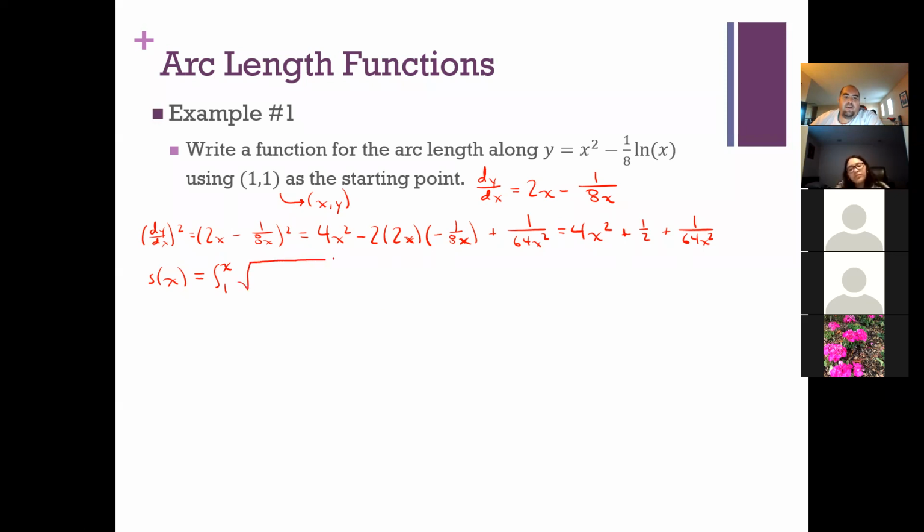And the thing we are going to integrate is the square root of 1 plus 4x squared plus 1/2 plus 1 over 64x squared, dx. And I think I have an error somewhere. Definitely do. Yep, right here.